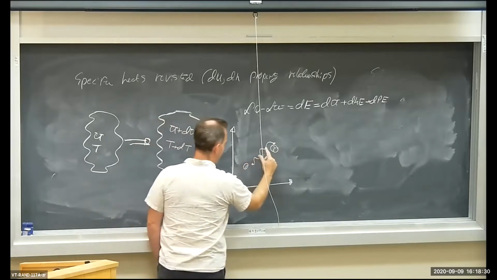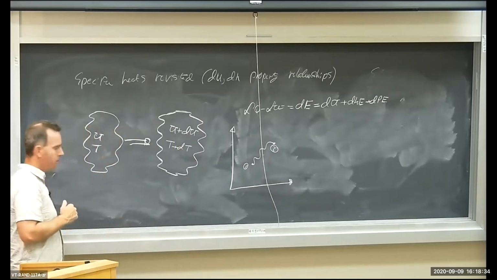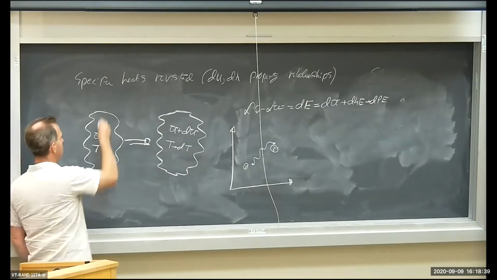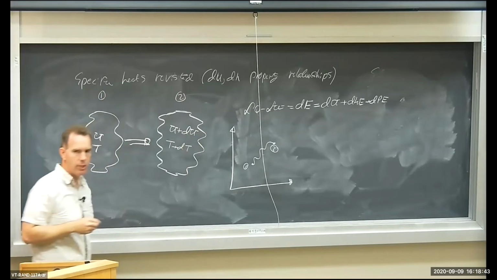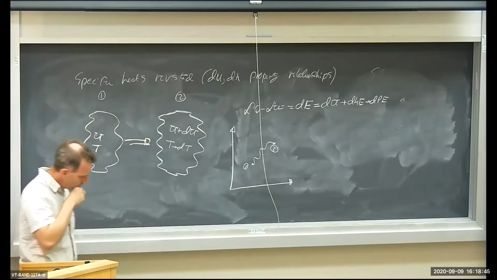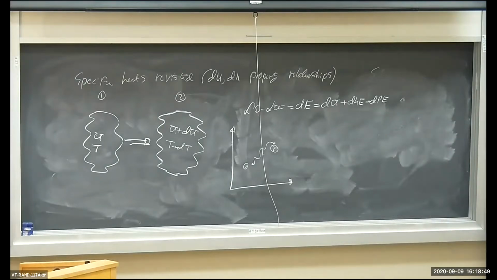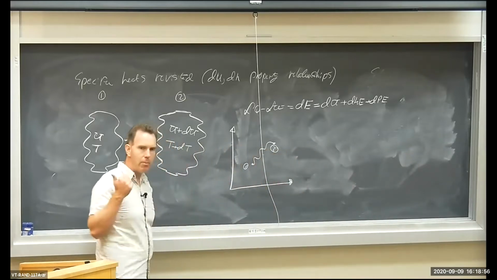This path is really small, I'm exaggerating it. So we're going from state 1 to state 2, a differential process. That's why I have dU's and dT's in there. Now, I'm going to put some restrictions on this process. It's not only a differential process, I'm going to make it isochoric.